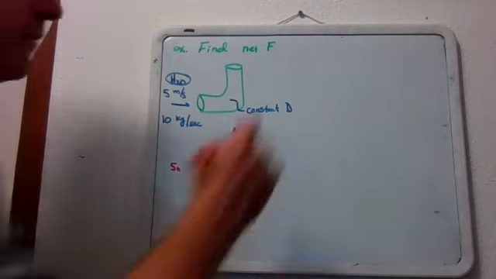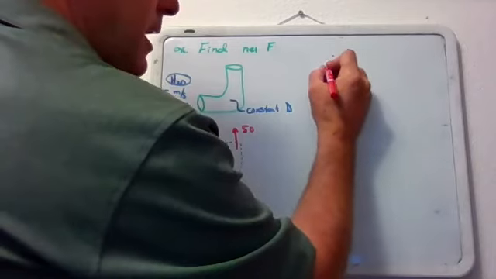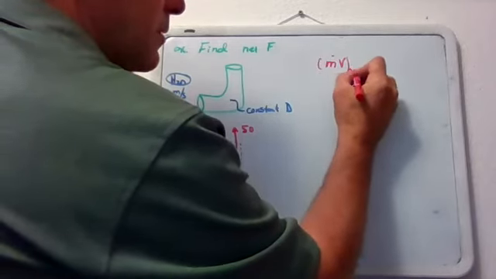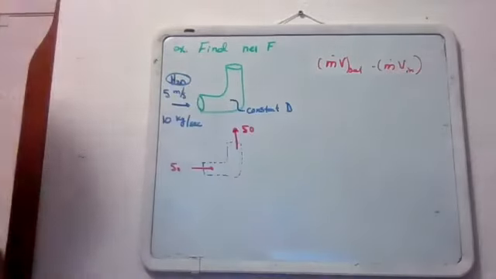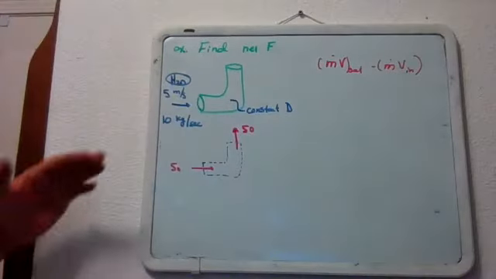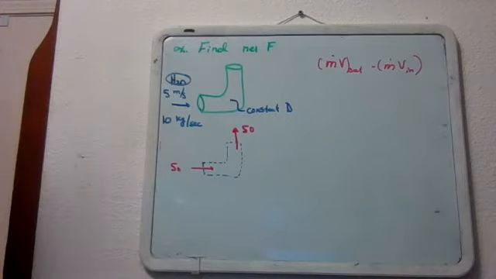If you're just writing this down without really understanding it, m dot v out minus m dot v in, you might get the net force is 0, but there's going to have to be a force on that water to make that turn. So 50 minus 50 isn't really right. So we'd have to do a vector type calculation.